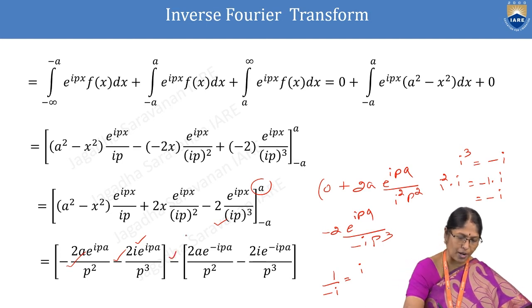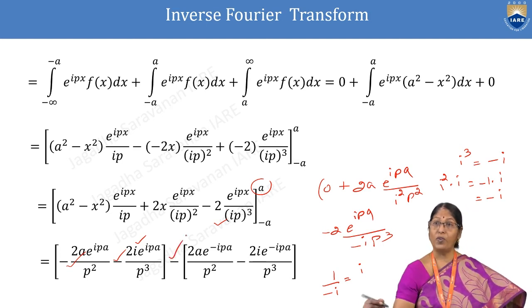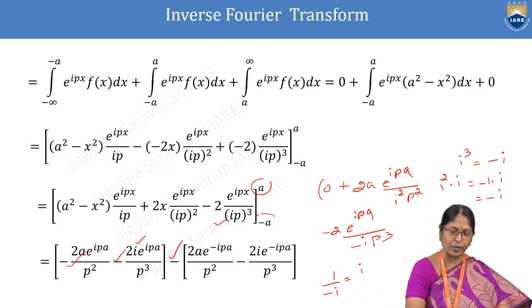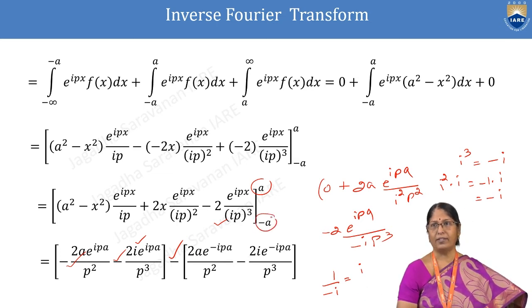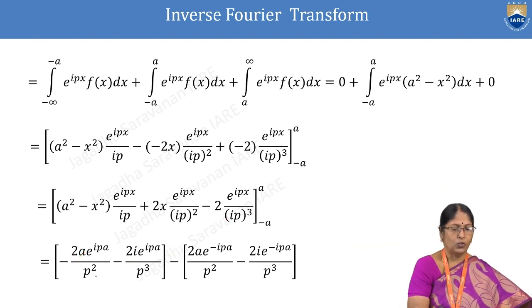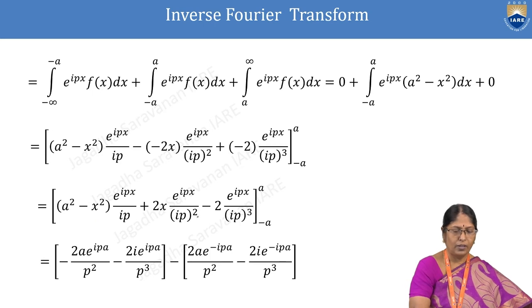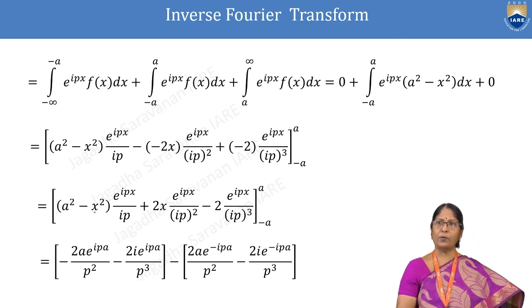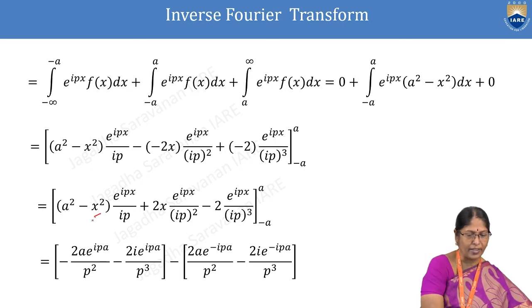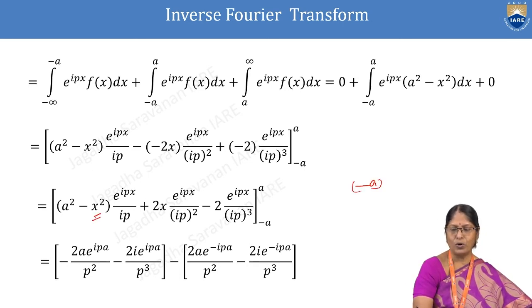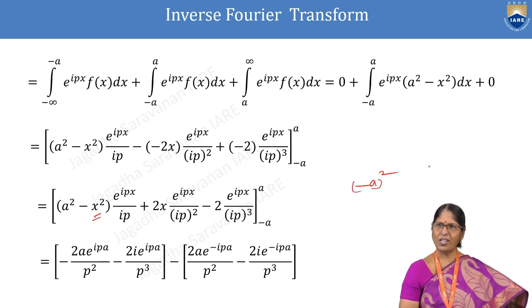Now we are moving to the x place, where we substitute minus a. If we substitute minus a, the whole square again, minus a the whole square is a square.